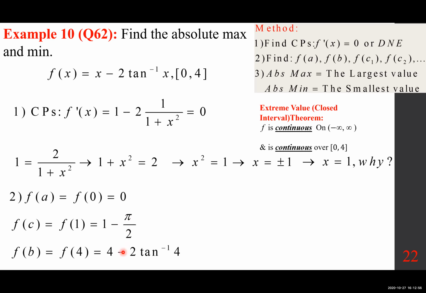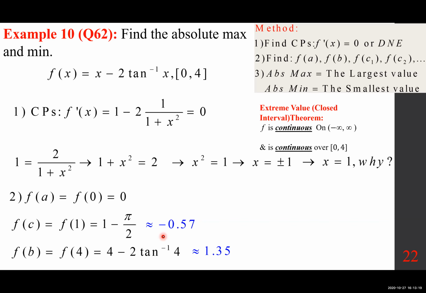So far, and this one, I don't know the answer. I have to use a calculator. So in both cases, when you use a calculator, this becomes about negative 0.57. That's straightforward. And the last one becomes positive 1.35. Therefore, the largest would be this, the smallest would be this.